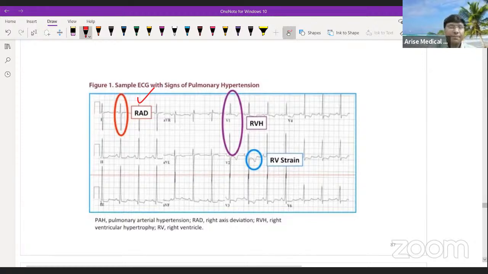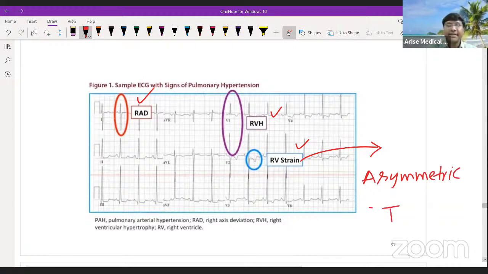Number two, presence of right ventricular hypertrophy. Number three, presence of the strain pattern. What is that particular strain pattern? It is nothing but asymmetric T wave inversions.